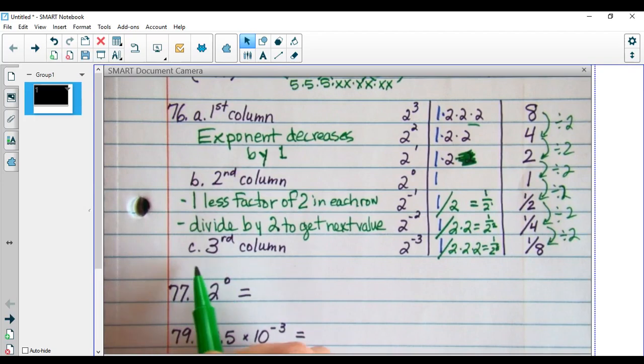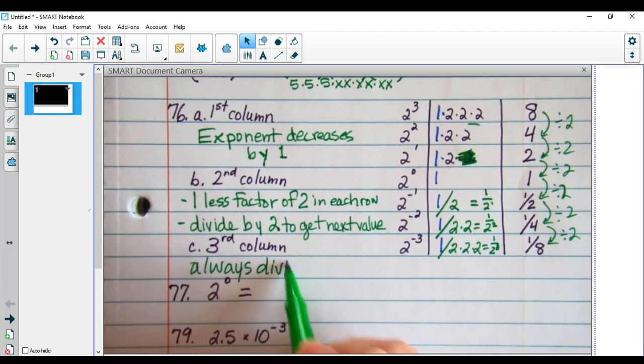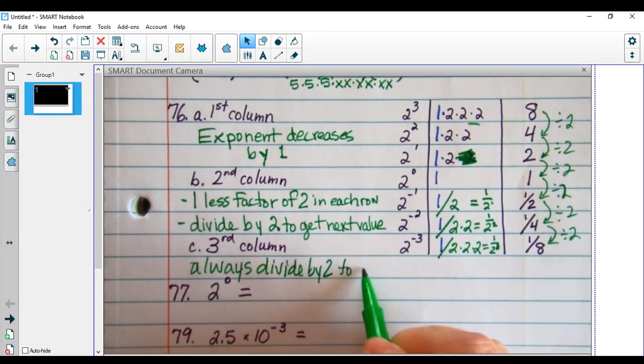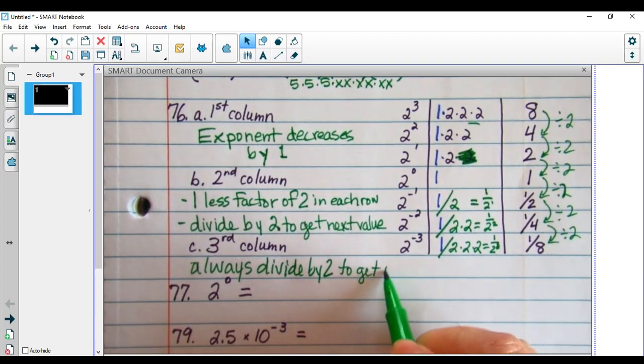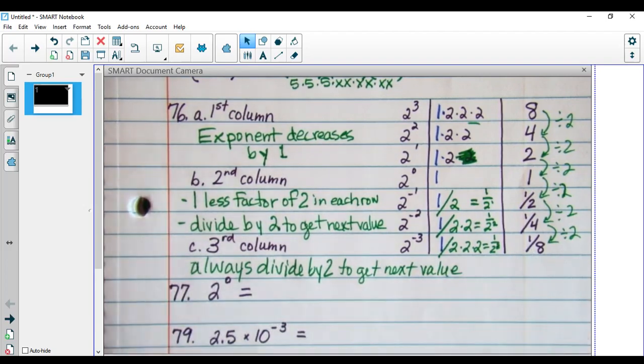So the third column, you always divide by 2 to get the next number, or to get the next value.